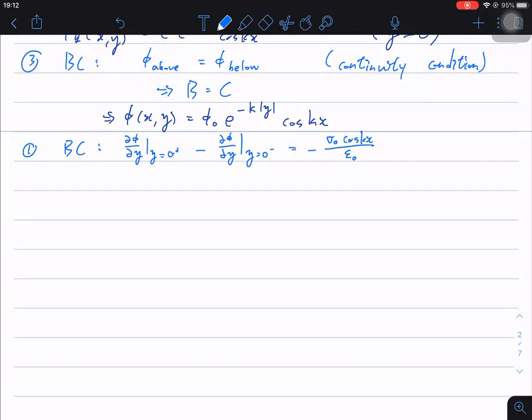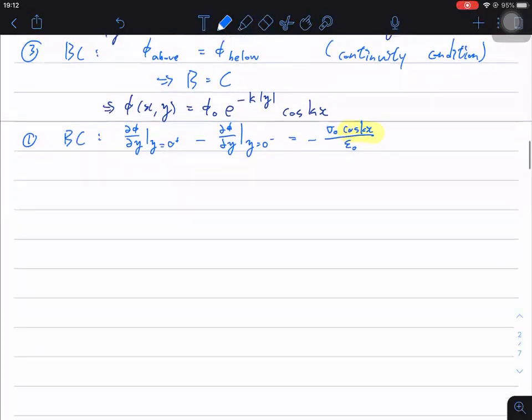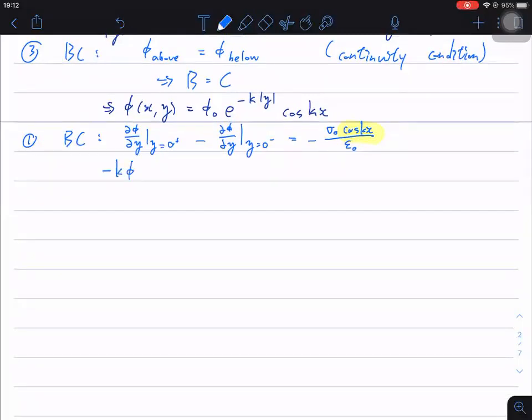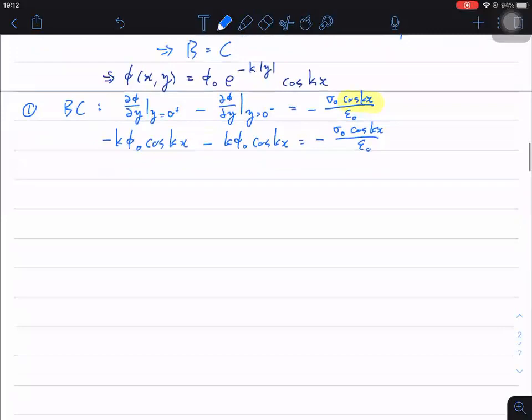Previously we only used the term cosine kx, but now, if we substitute the potential we found so far, we can obtain this equation. We can evaluate the derivative on the left-hand side in terms of phi naught, and the right-hand side is the same.